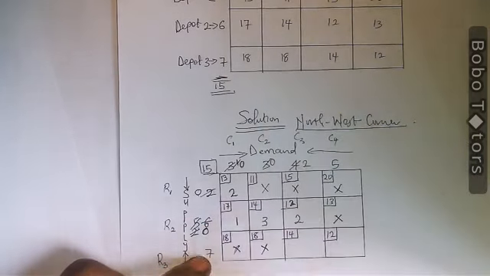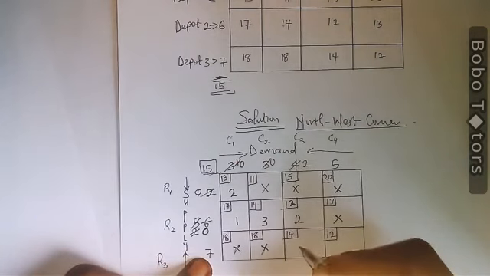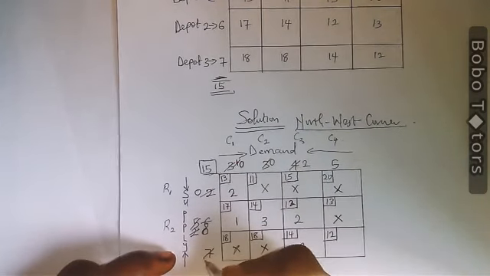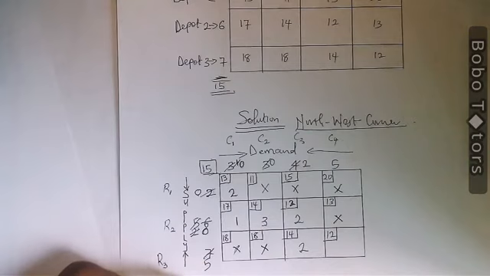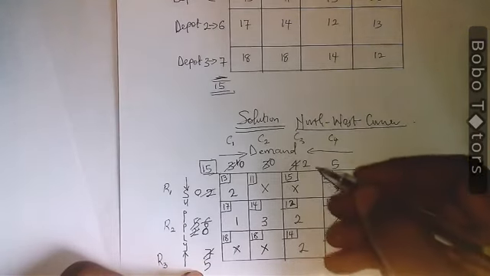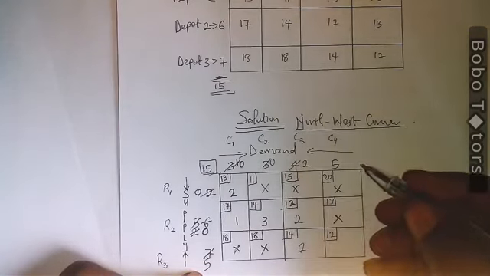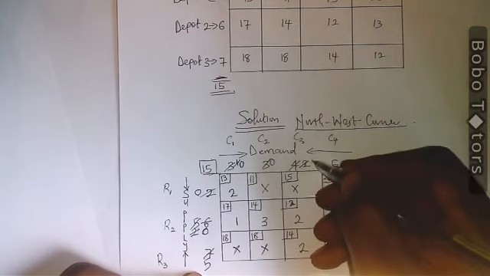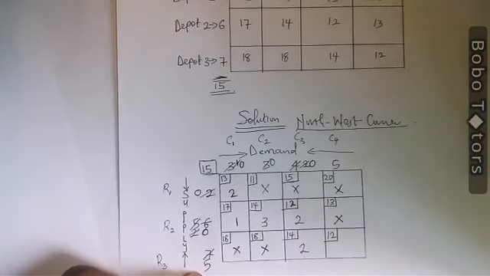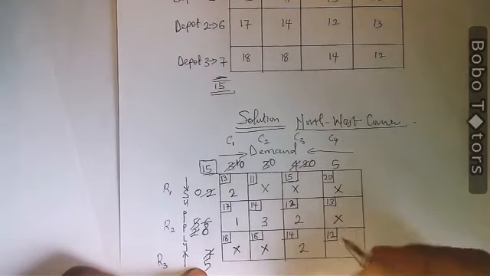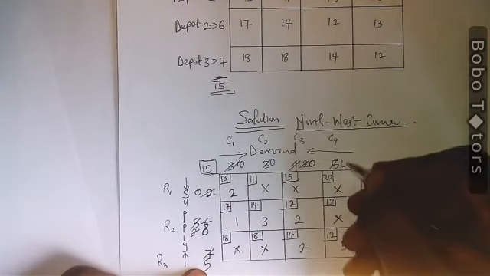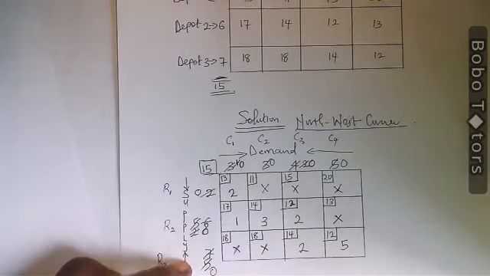Between this and this, which one is the smallest? 2. You write your 2. Then this one remains 5, and the one after has been cancelled. It now remains the last figure, 5. This one remains 0 and this one remains 0.